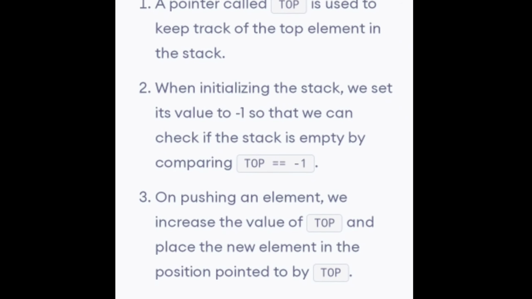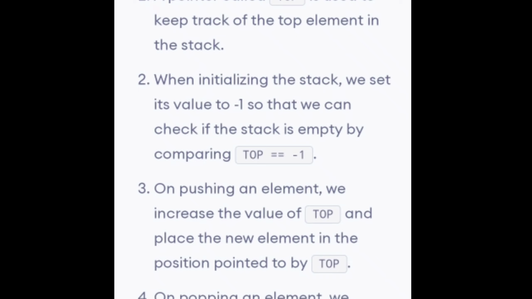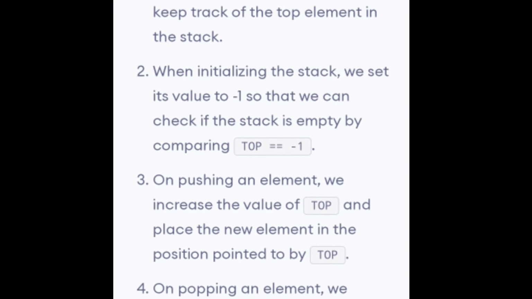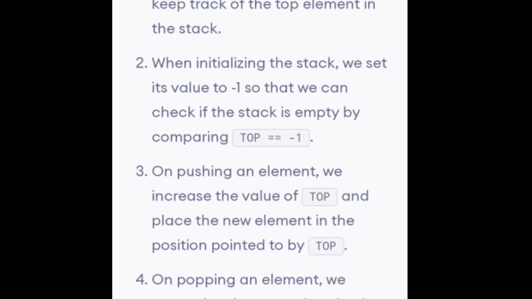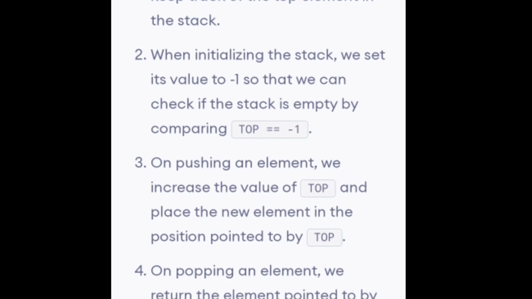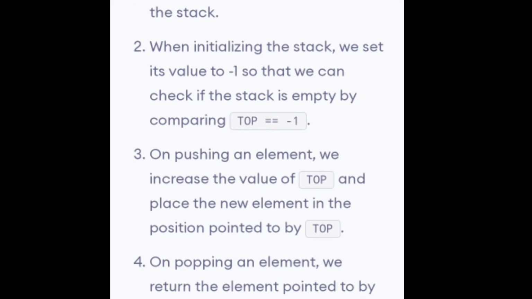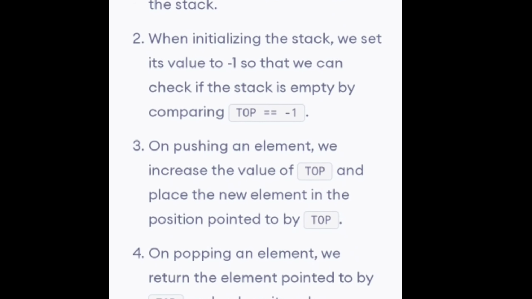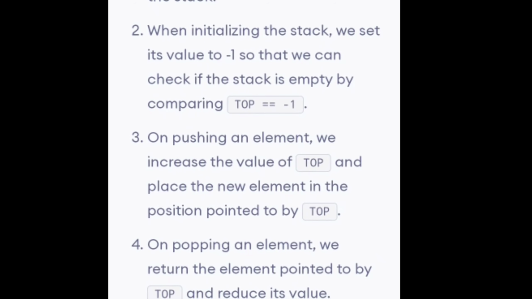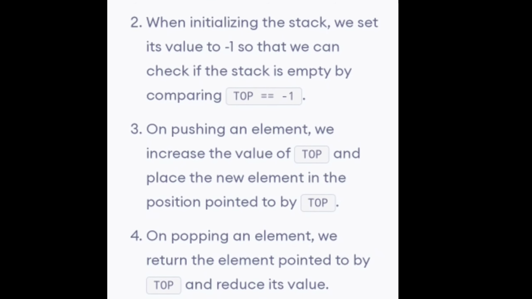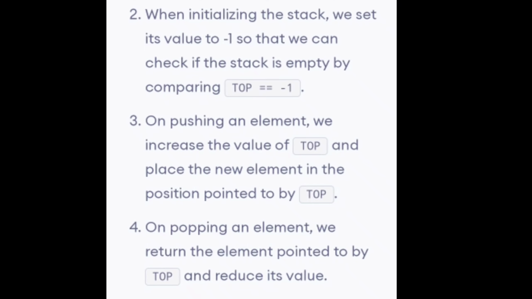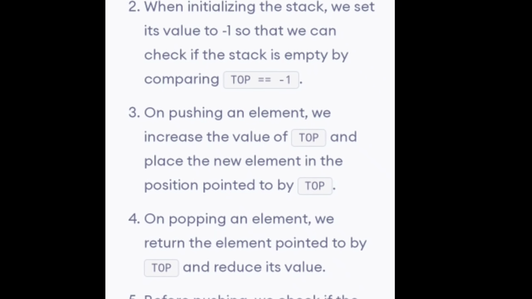On pushing an element, we increase the value of top and place the new element in the position pointed to by top. On popping an element, we return the element pointed to by top and reduce its value. That means we are taking out the value from the top and its value is reduced by 1.